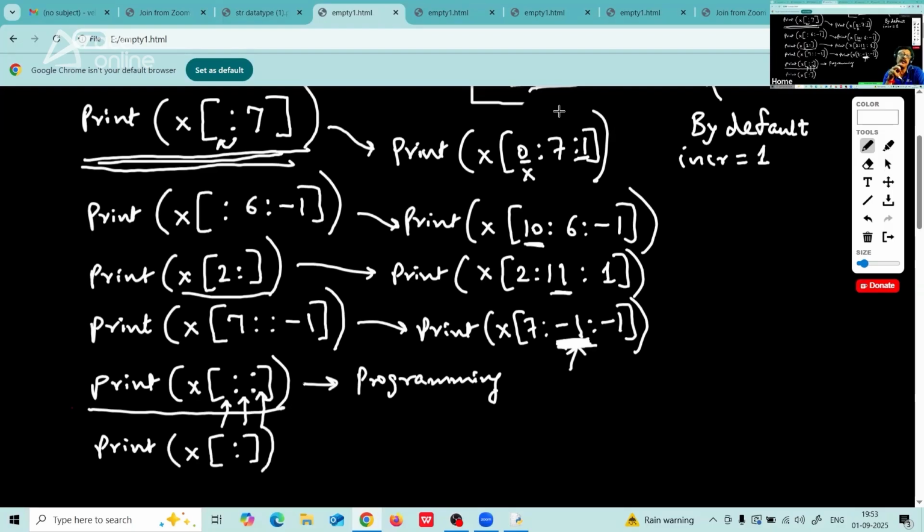Two colons have to be there, but the second colon is not there. That means increment is not given, so the increment has to be +1. With increment +1, start is 0 and stop is the end of the string. So even this will print the entire string, programming.